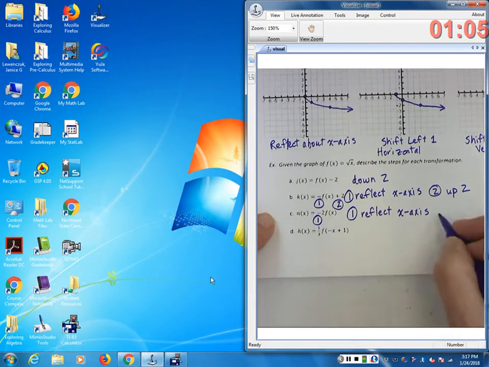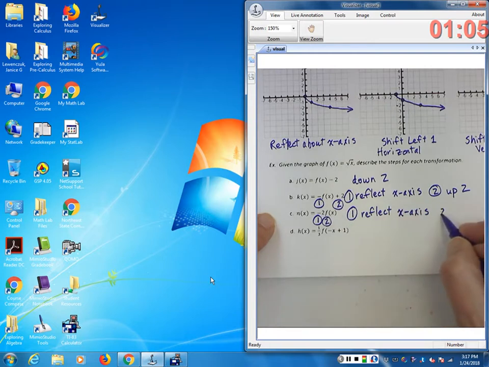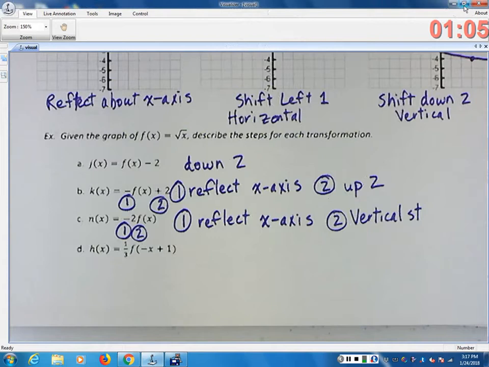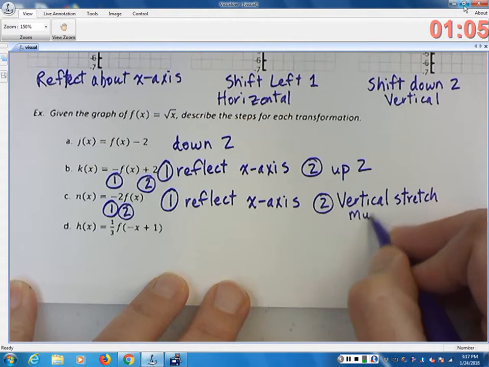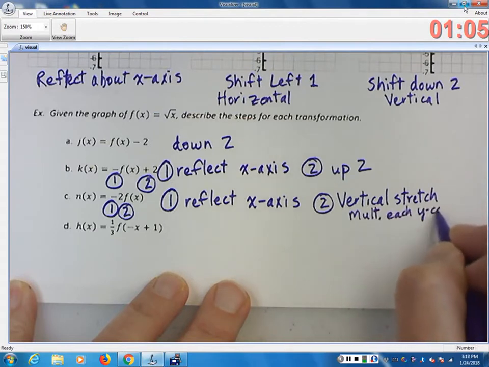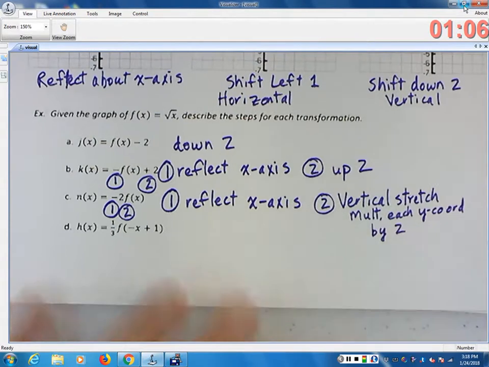And then number 2 is a vertical stretch. You're going to multiply each y coordinate by 2 after you do the reflection.